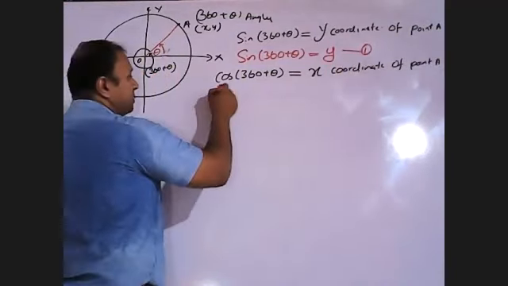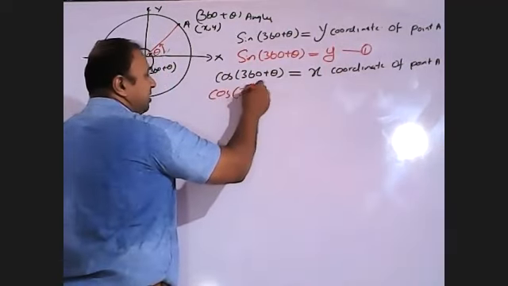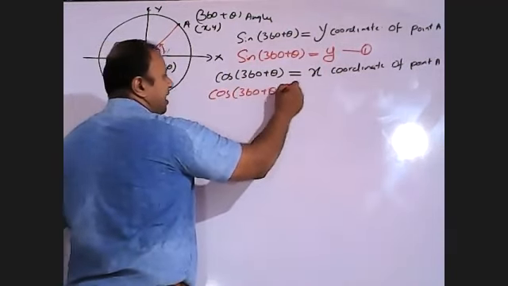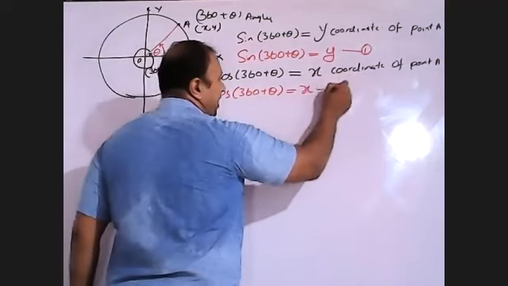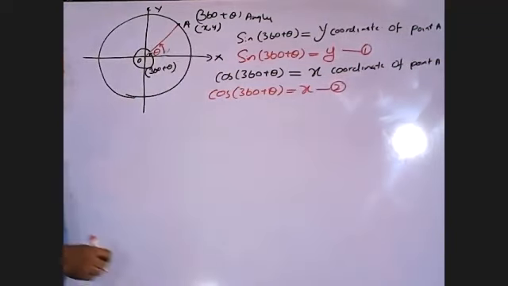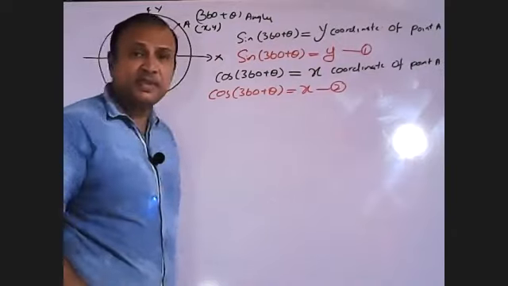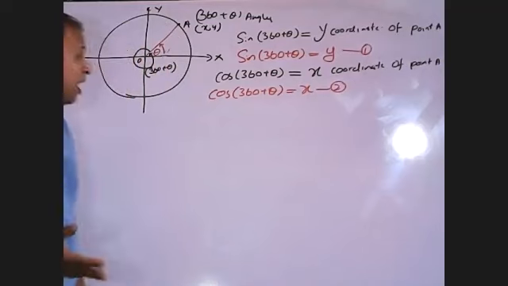Therefore, cos 360 plus theta is equal to x. Put it as 2. Okay. Now, one half is okay. Then you have to do the second half.